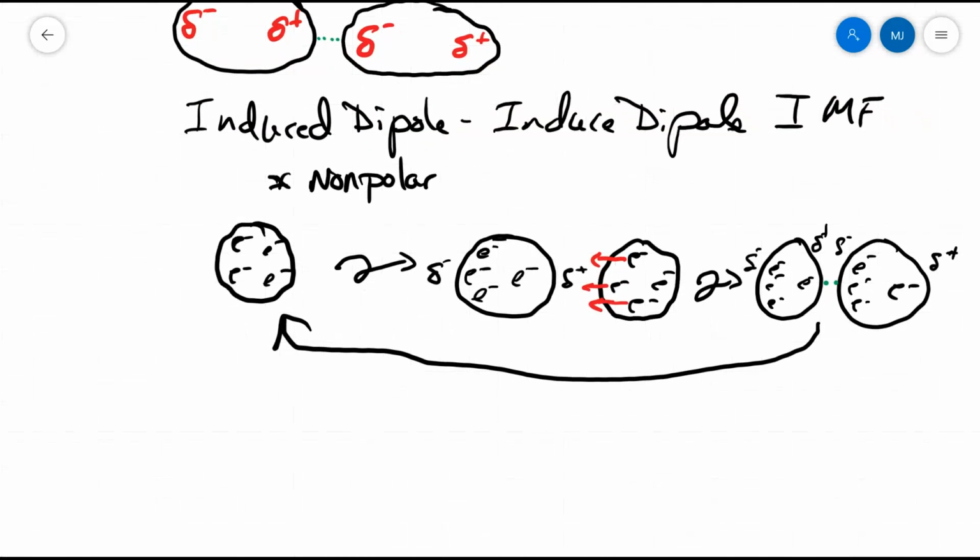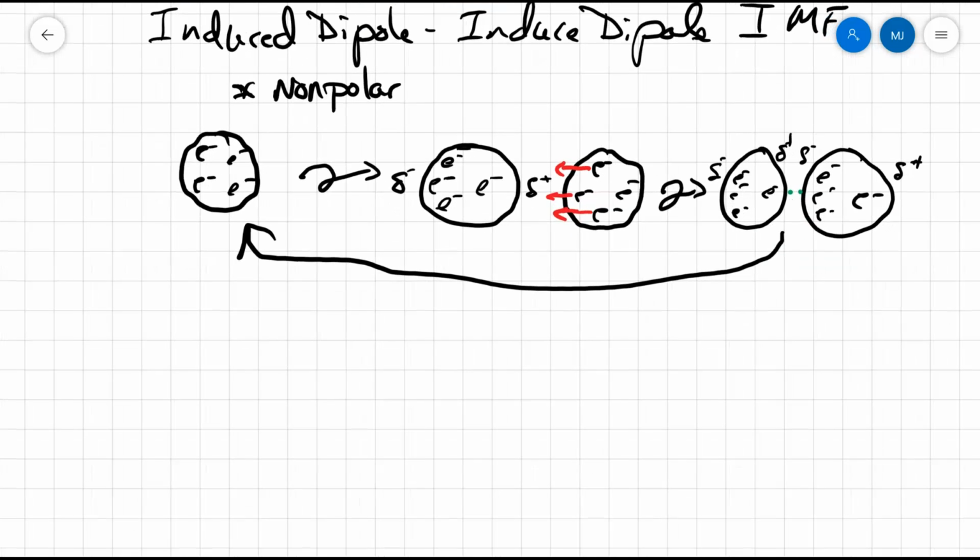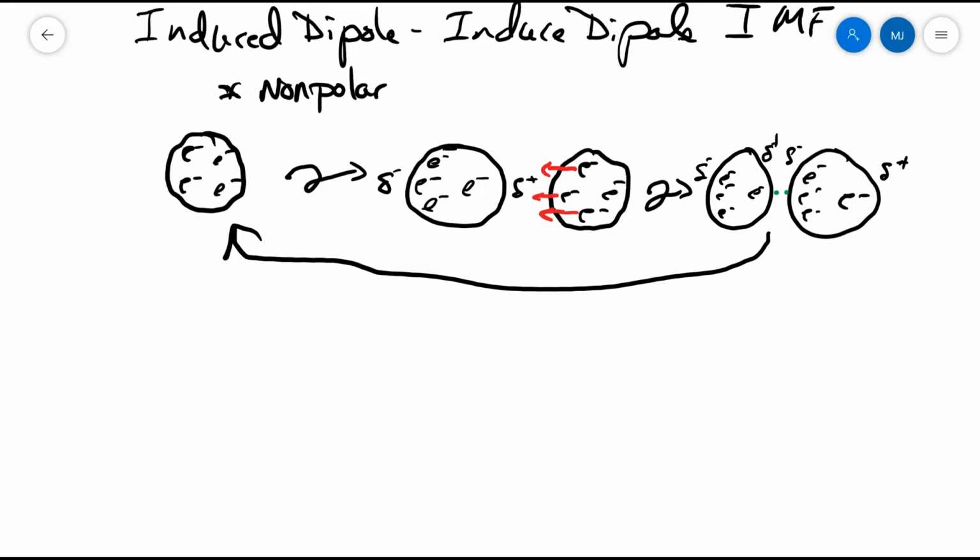Okay. Now, this induced dipole force, while it is weak, in some molecules the electrons are more easily distorted than in other molecules. So let's take some real-world examples. Let's look at a series of compounds: fluorine, chlorine, bromine, and iodine.